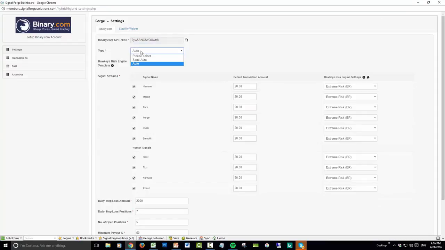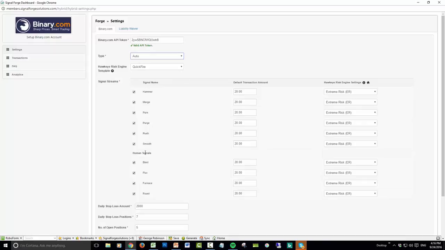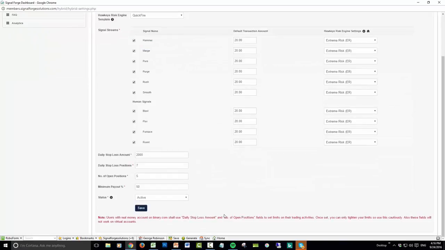Obviously this needs to be set to auto because you are auto trading. Down here, if you try to change anything and click save like you need to, it won't save. It says that there's an error connecting. That generally means that you've got one of these settings set higher.